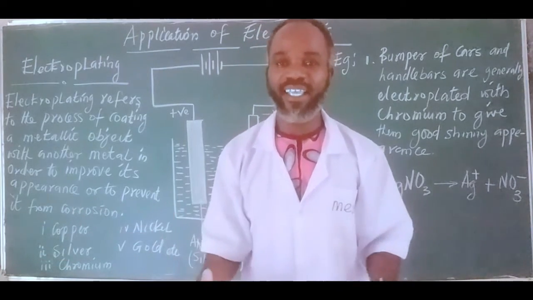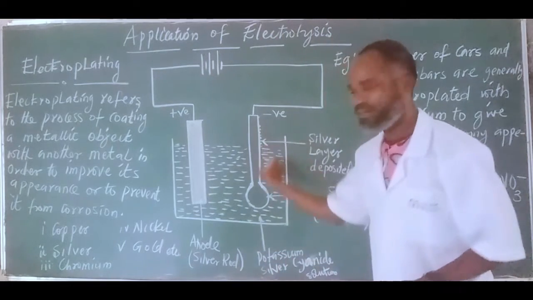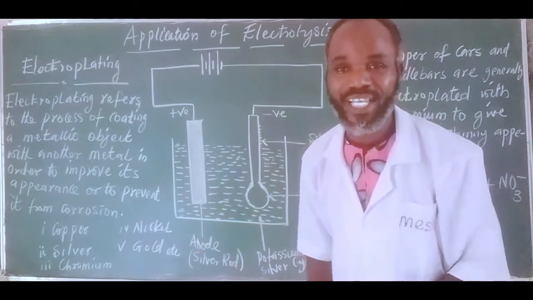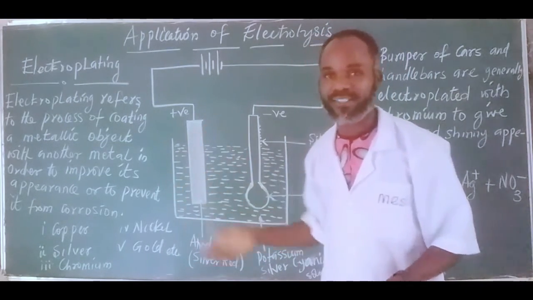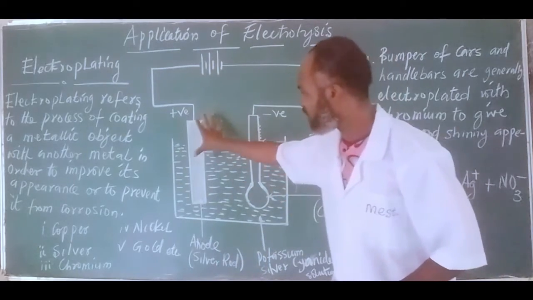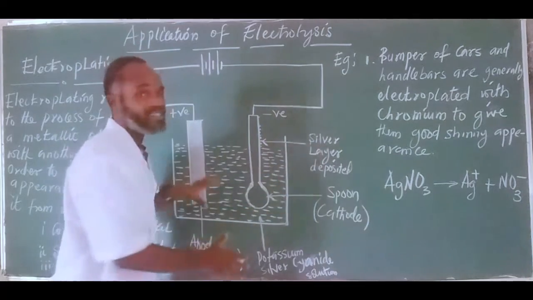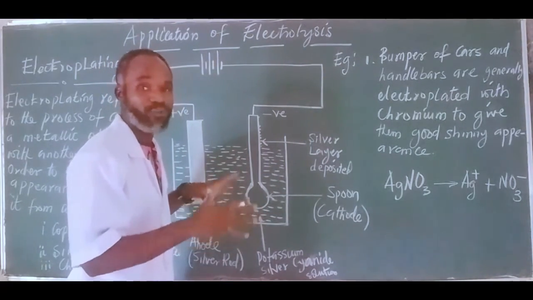Now let's see how we can electroplate a spoon. How the spoon we know can simply go into the electroplating process. This is the spoon and this is another metal. So the diagram you see is an arrangement that has to do with electroplating.